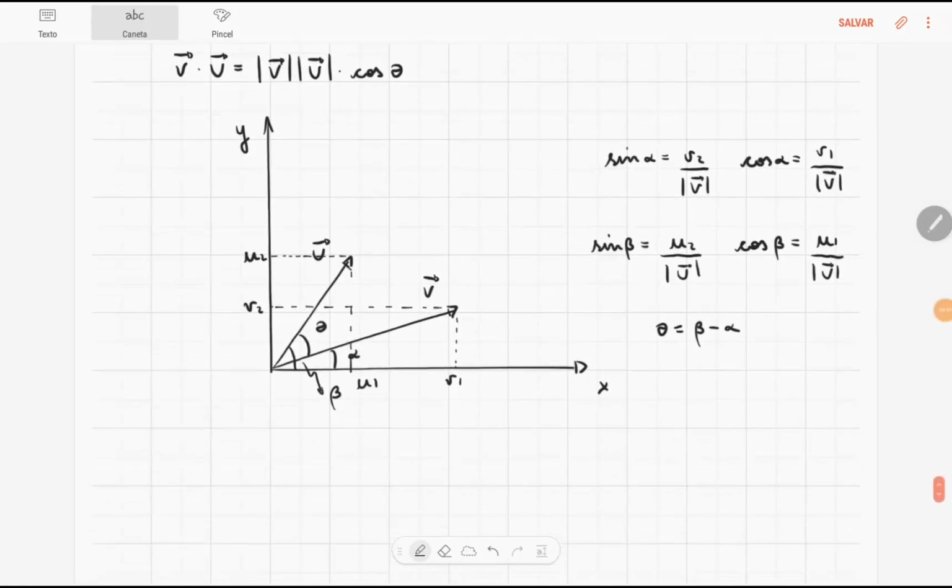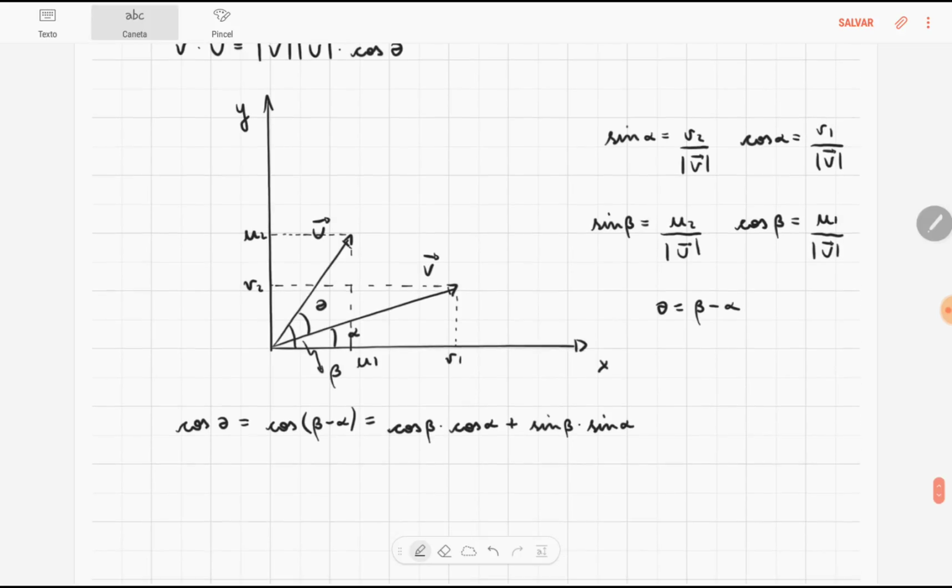So we may write a trigonometric relation. We know that the cosine of theta is equal to the cosine of beta minus alpha, and we know that this is equal to the cosine of beta times the cosine of alpha plus sine of beta times sine of alpha.